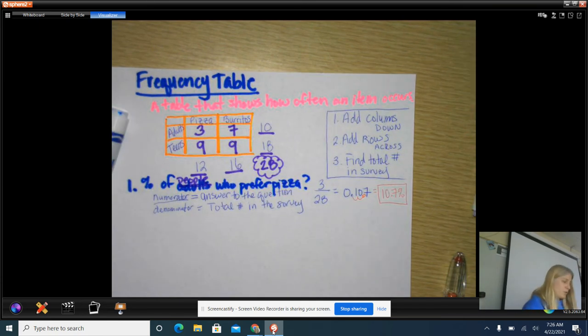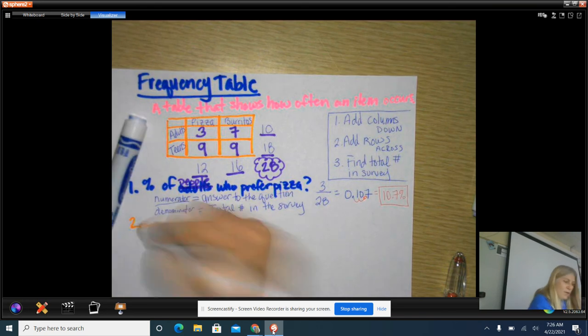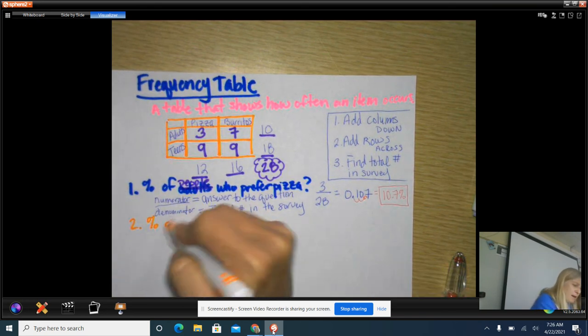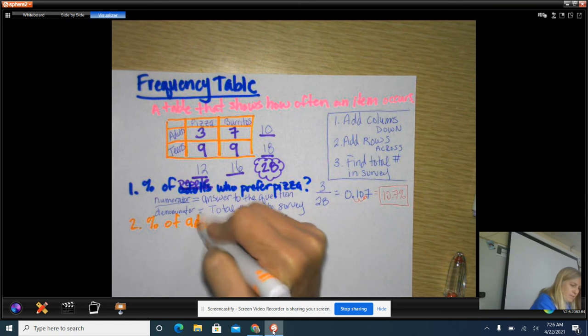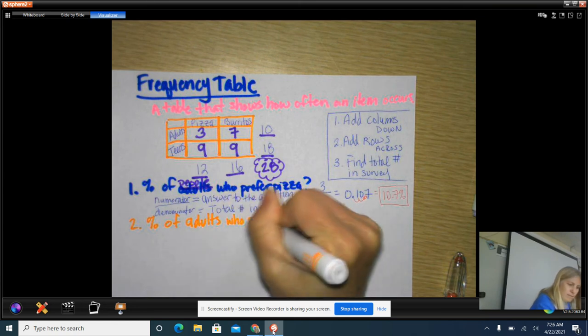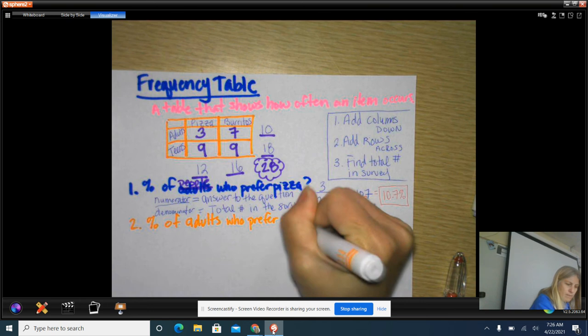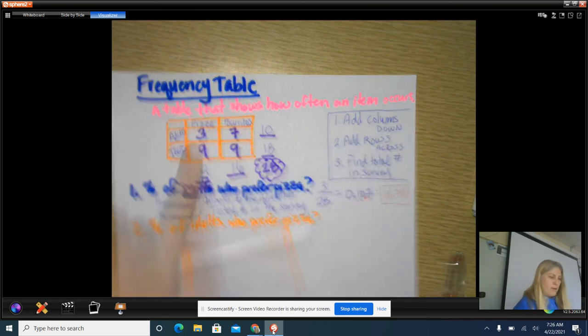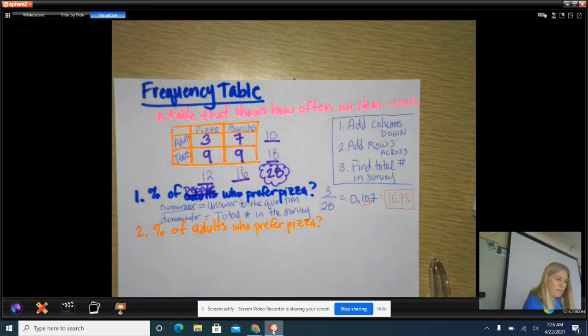Okay, question number 2. Let's go ahead and do that other one that we were setting up. The percent of adults who prefer pizza. Now, we still have our 3 for our numerator.